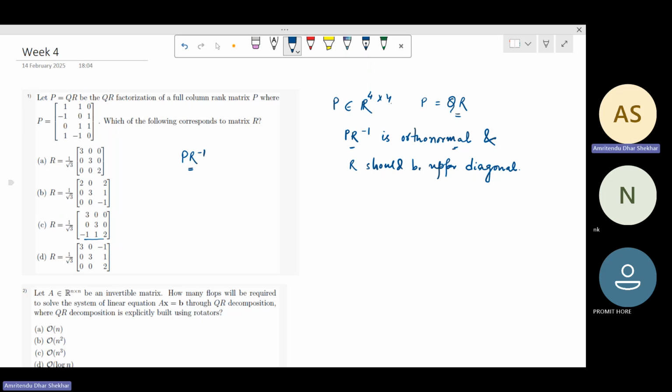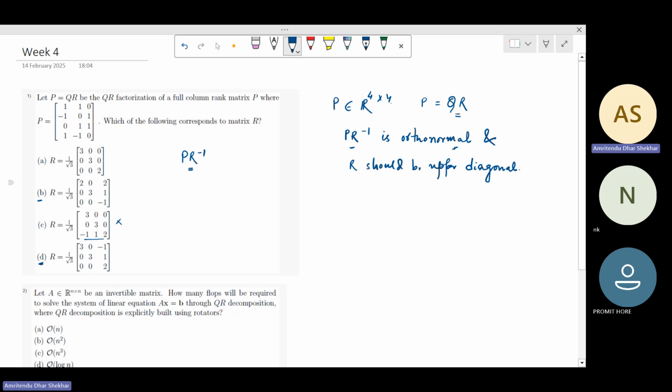This is a diagonal matrix, so its inverse is just going to be the inverse of its diagonal elements. And you're left with B and C, B and D to compute.